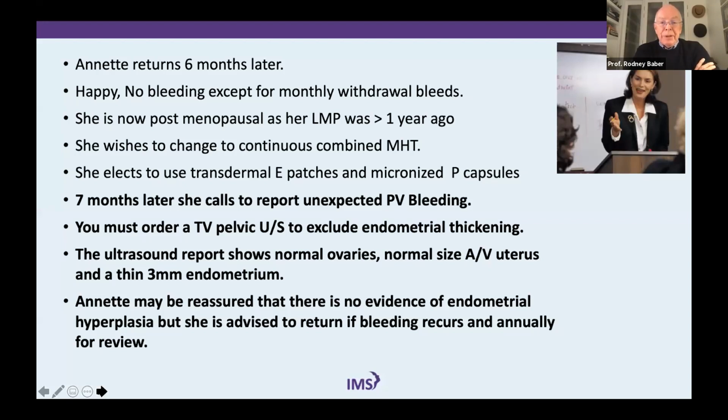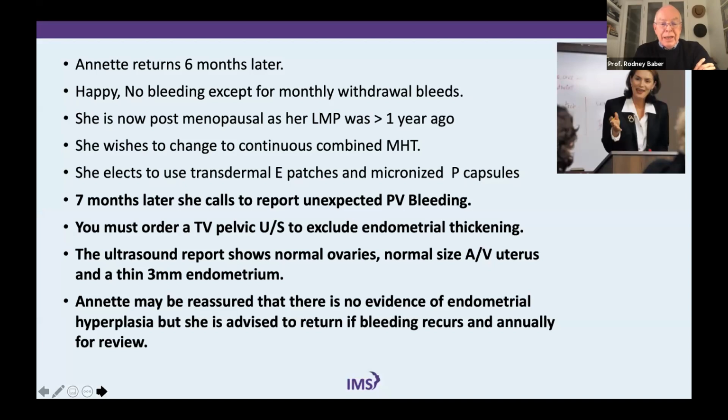Annette's bleeding is beyond the range which we would say was reasonable and expected. This is unexpected bleeding, and you must order a transvaginal pelvic ultrasound on a patient in this situation to exclude endometrial thickening.